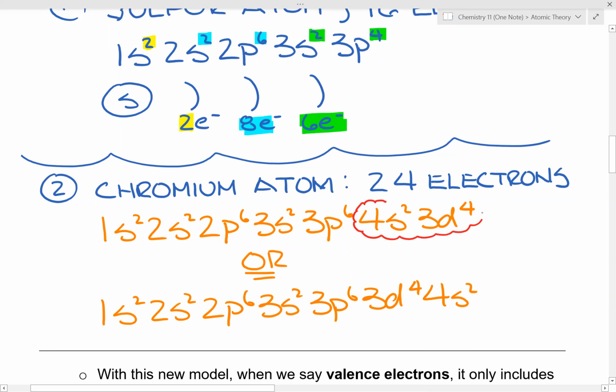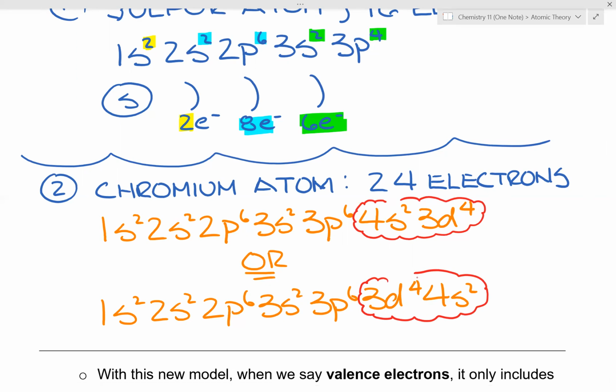Both ways are acceptable. In some books, they write it the first way because they want to acknowledge that the 4s is a lower energy. But in some books, they write it the second way because they want to keep the third energy level together.